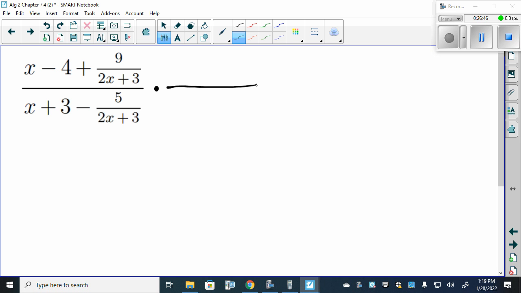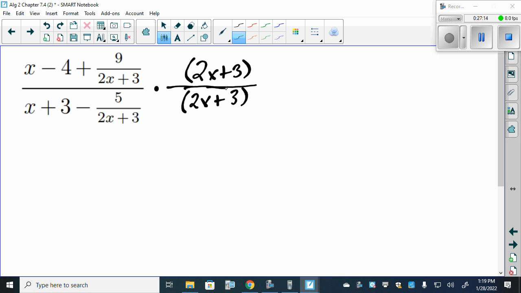So if we look at this one here, in the numerator we do have an x minus 4. But the x minus 4, neither one of these have a denominator attached to them in the numerator. The only one we have is 2x plus 3. So we'll need to multiply top and bottom by at least 2x plus 3.